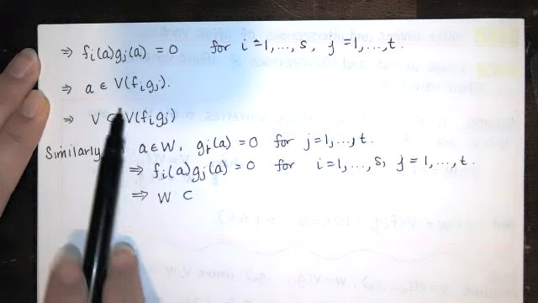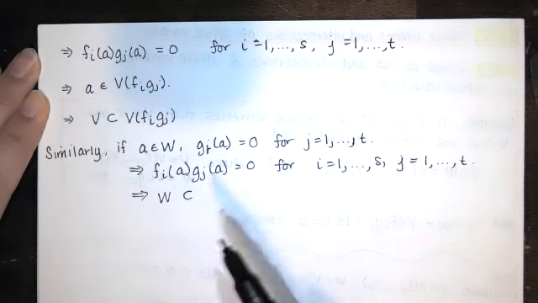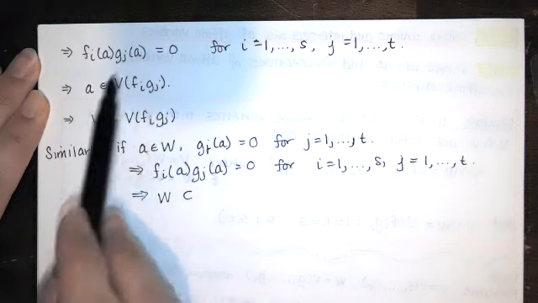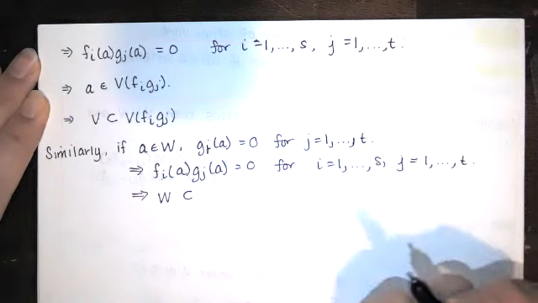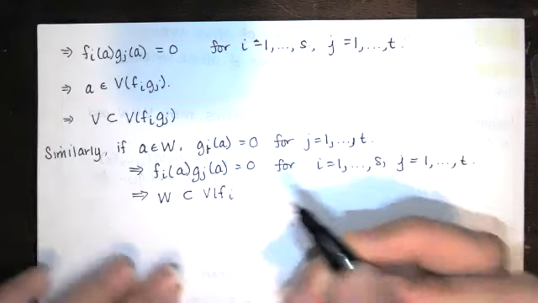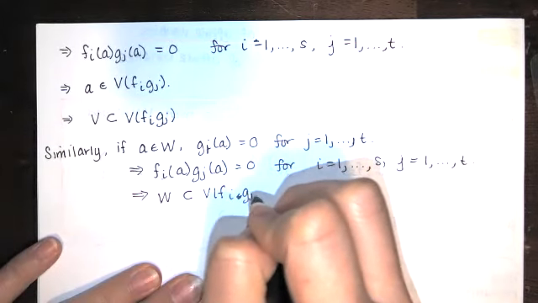That means that a is an element of this set, and starting in W means that you're an element of this set. So now we have shown that W is a subset of this. Oops, this should be a product.